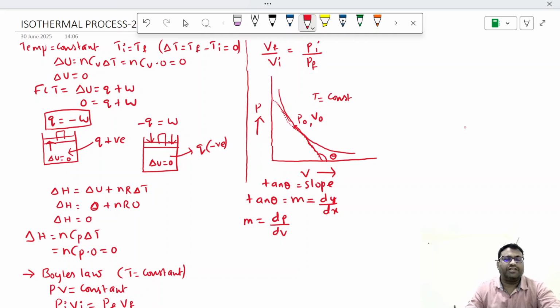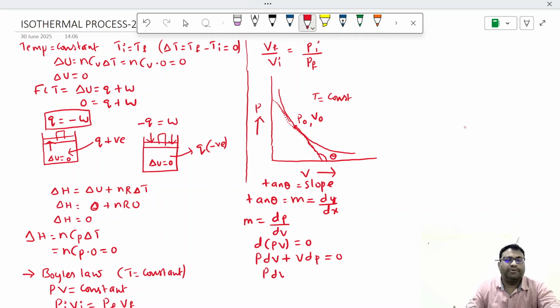Now, we have already studied that PV is equal to constant. If PV is equal to constant, d of PV will be equal to 0. Then differentiating P into V, what do you get? P into dV plus V into dP is equal to 0.